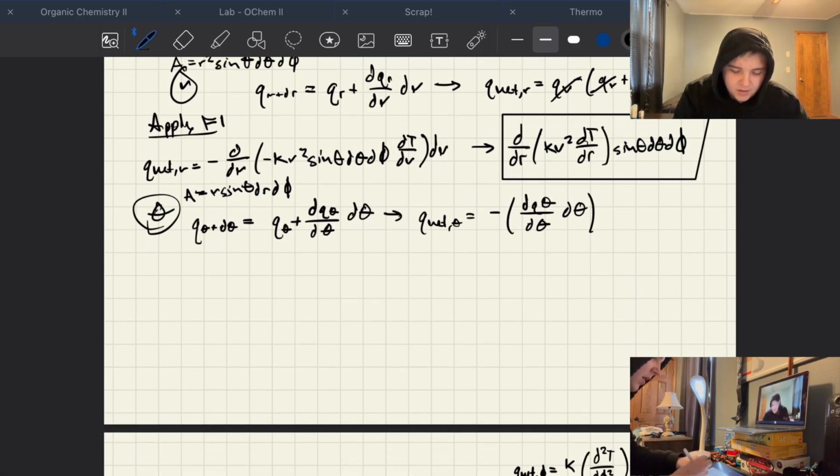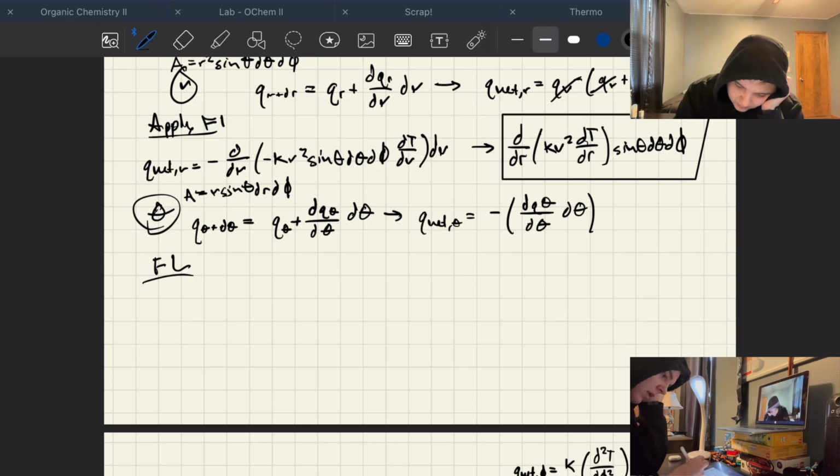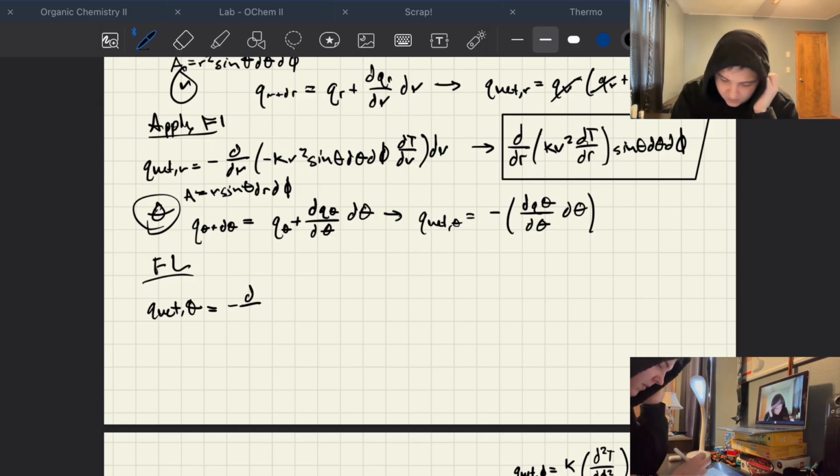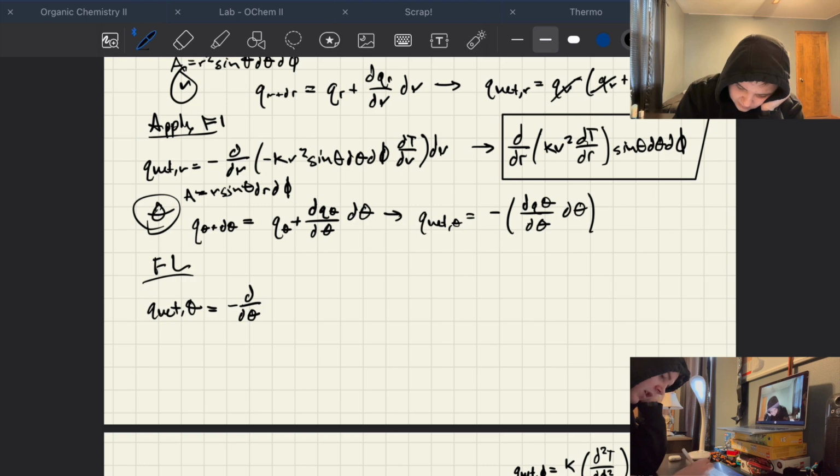Now we apply Fourier's law again and get our theta expression. I'm just looking at what I did above and subbing in values. No squared this time.